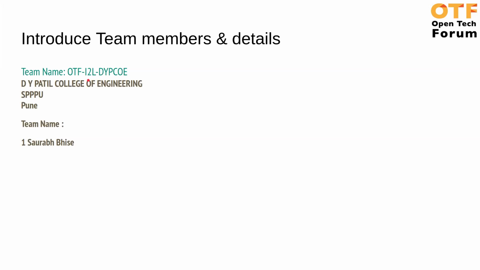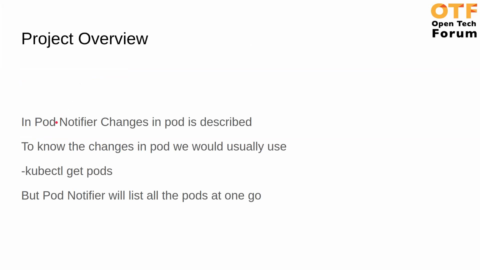So I have a topic called pod app notifier. It gives you the changes in pods. What we usually do with the help of Minikube is use kubectl get pods, which lists all the pods that are currently running or not.